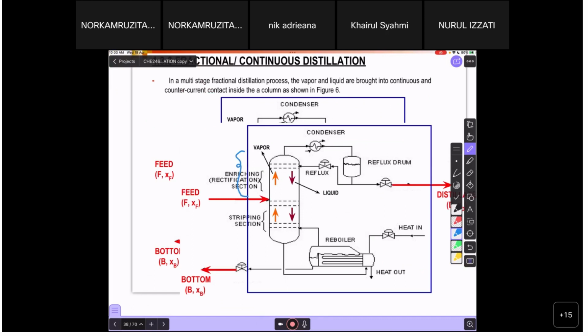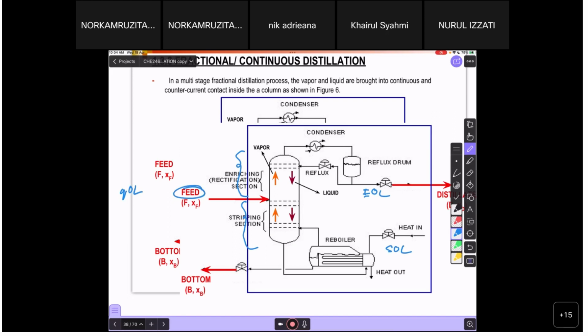The part below the feed is called the stripping section, which gives the stripping operating line, SOL. While the Q operating line you get from the feed level.